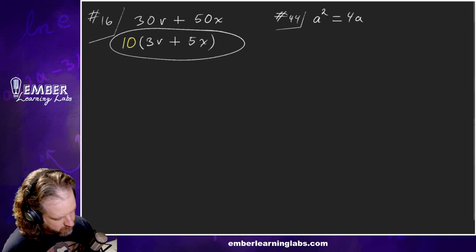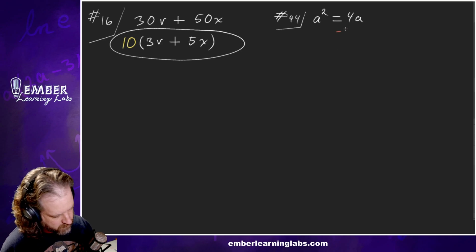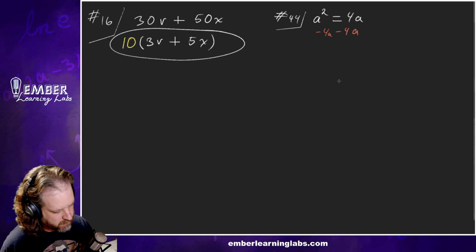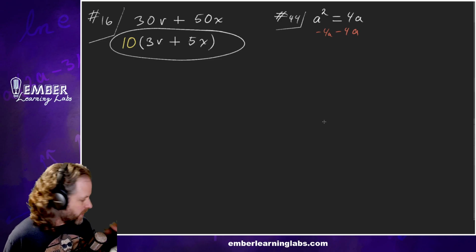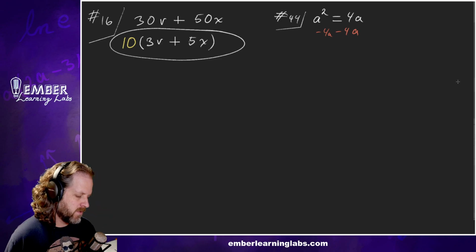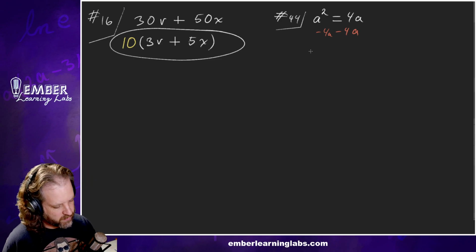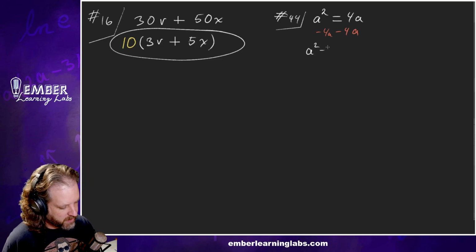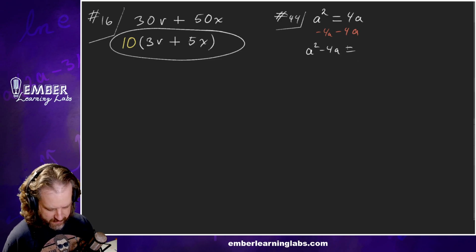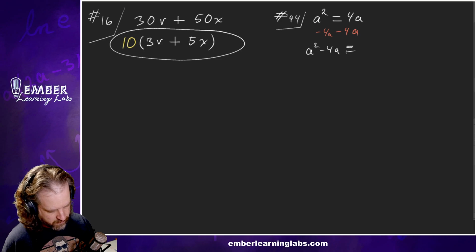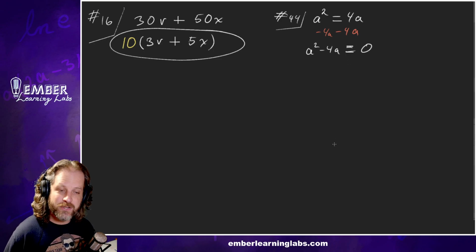Mm-hmm. Can we combine a squared and 4a? Okay, so we just write a squared minus 4a equals, what's 4a minus 4a? 0. Now what should we do?